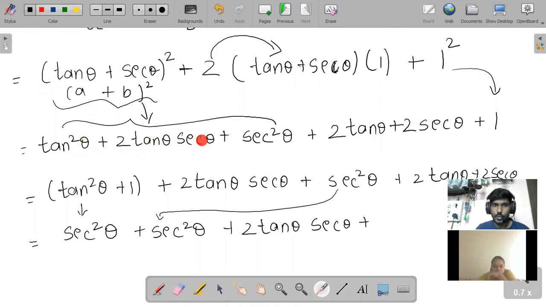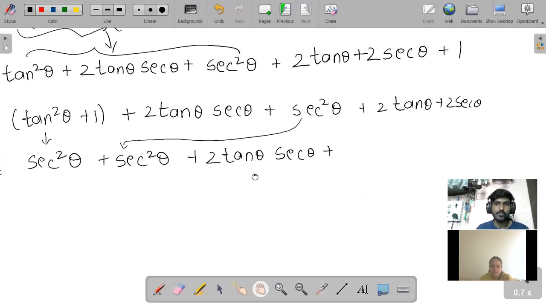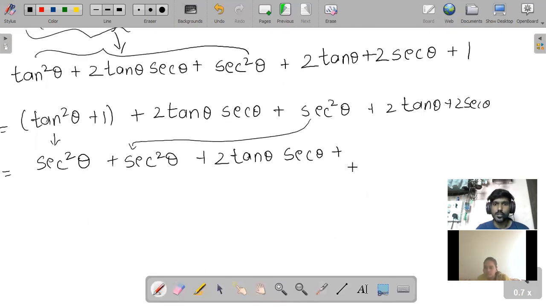So it is A into B, so tan theta into sec theta, plus sec square theta, that is B square. Plus 2 tan theta plus 2 sec theta.